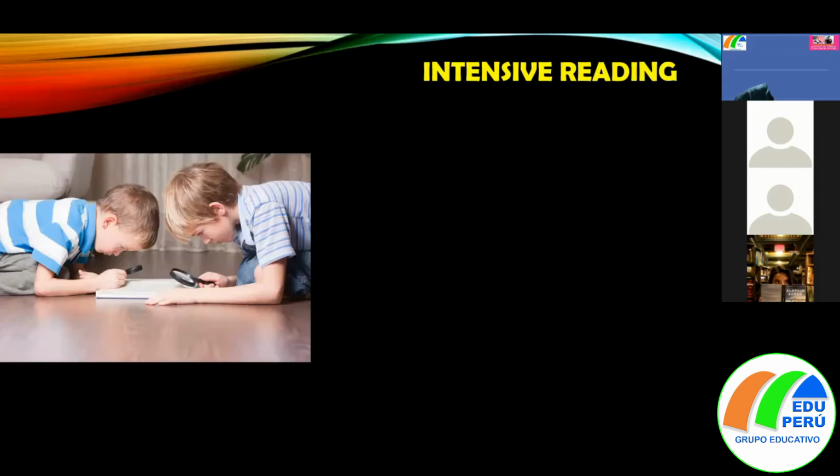All right. But I want you to describe the picture because we are going to make a contrast. Oh, Vanessa, tell me. Kids are very concentrated. Yeah. They are using a magnifying glass. Exactly. They are using a magnifying glass.